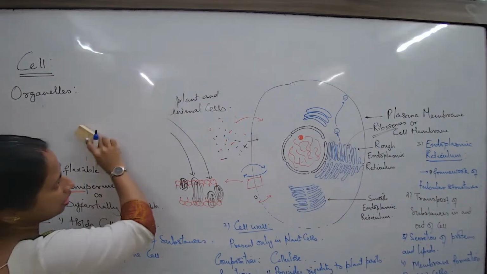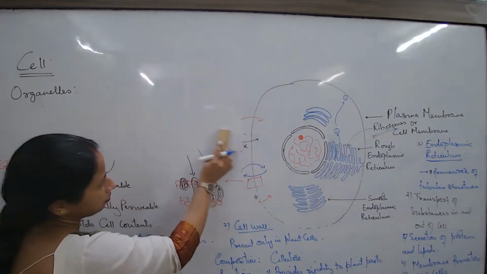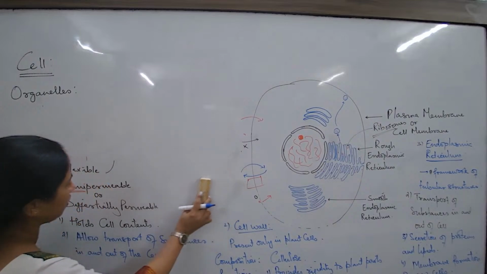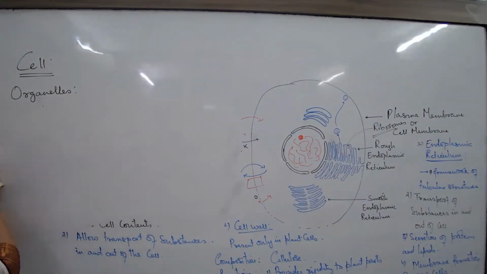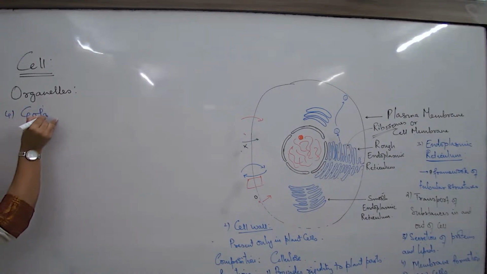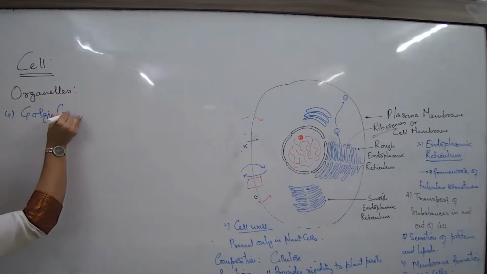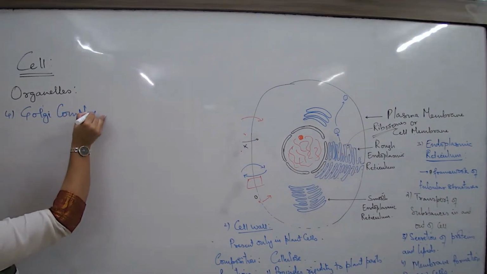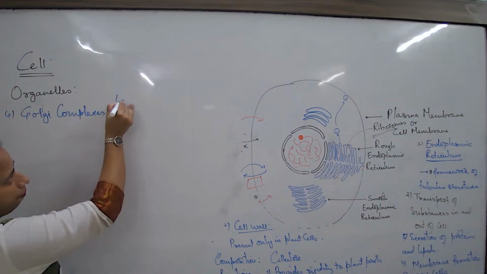What are these organelles known as? They are known as the Golgi complexes or the Golgi bodies.